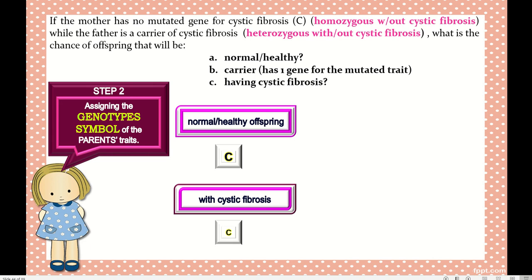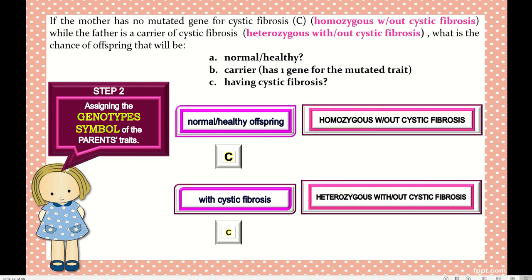And commonly, it's given in the problem. So here are the genotypes of the parents: the mother is homozygous without cystic fibrosis, so the genotypic symbol is capital C and capital C, while the father is heterozygous without cystic fibrosis.